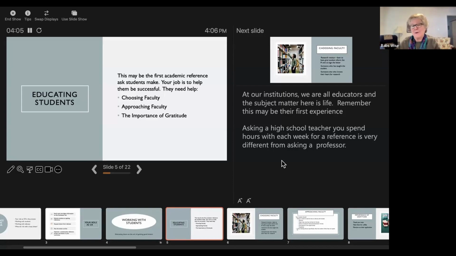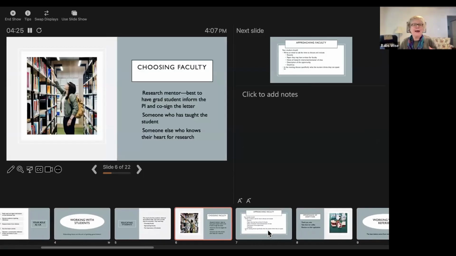They're going to be asking for these. And then again, when they get a job, they're still going to need references. So I think learning about gratitude is really important as a life skill for them. So how do they go about choosing faculty?